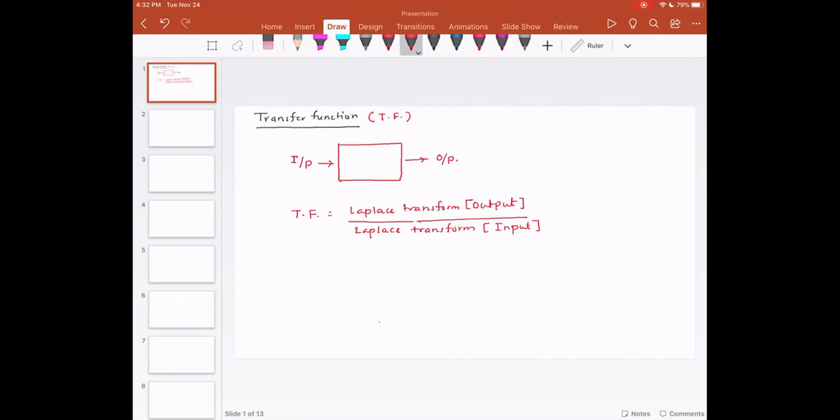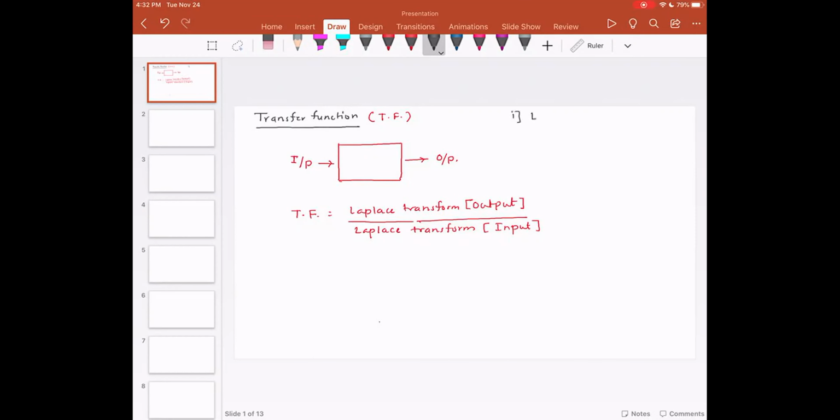In last class, we spent significant amount of time discussing what the Laplace transforms are, how to find Laplace transform, and then we compared the response of the Laplace transform to solve ordinary differential equation. So few key things about the transfer function.